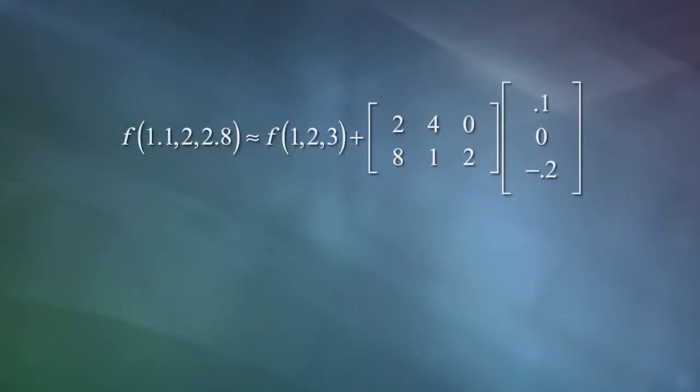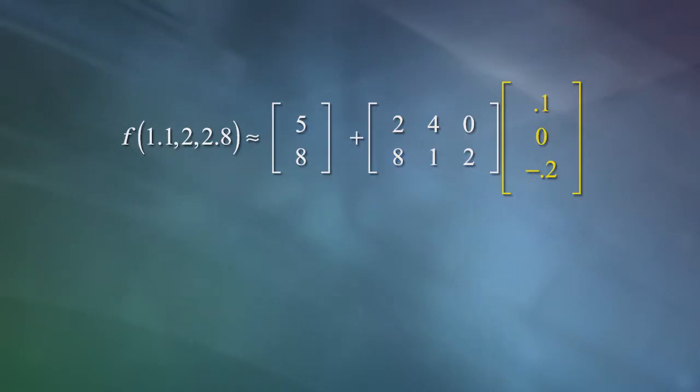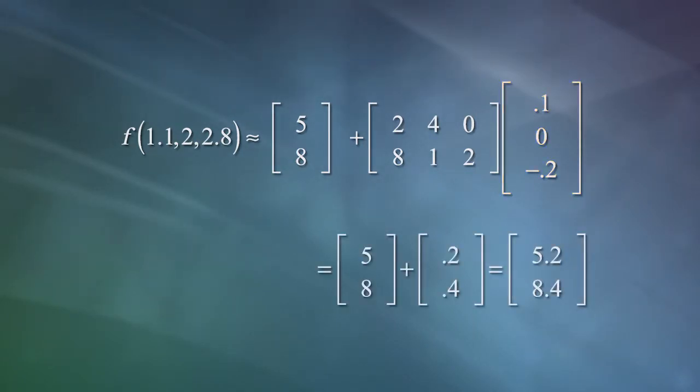So then f at 1.1, 2, 2.8 can be approximated by f at 1, 2, 3, which is 5, 8, plus the 2 by 3 matrix derivative evaluated at 1, 2, 3, times the vector displacement, which is 0.1, 0, and minus 0.2. If you add that up, you'll get the vector 5.2, 8.4.